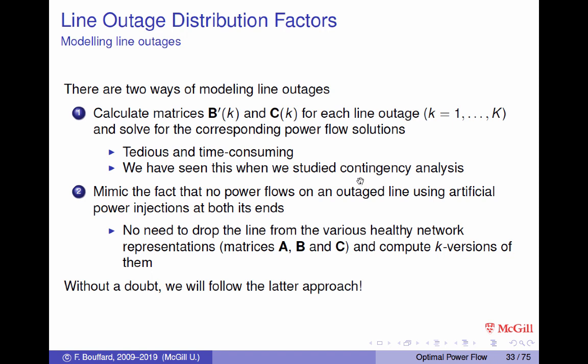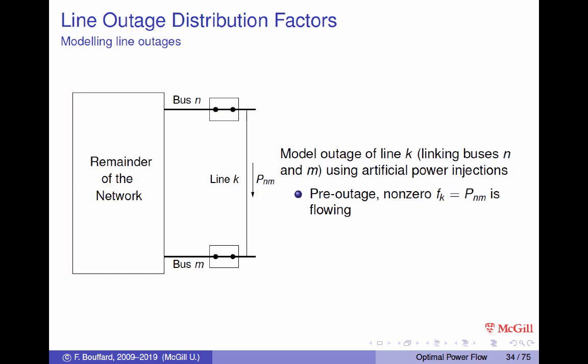So the second approach, albeit less intuitive, is much more effective in terms of use of computation resources. So let's have a look at how we're going to do this.